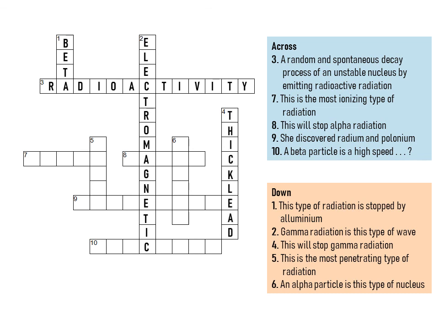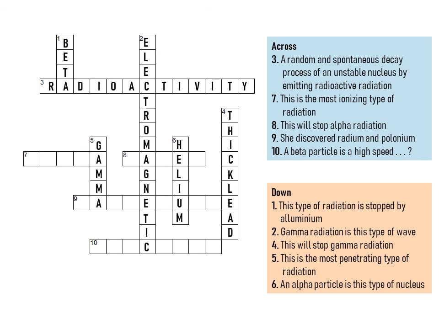The answer is lead. The fifth question, this is the most penetrating type of radiation, which is referring to gamma ray. And the sixth question, an alpha particle is this type of nucleus, which is helium. And next question, this is the most ionizing type of radiation.